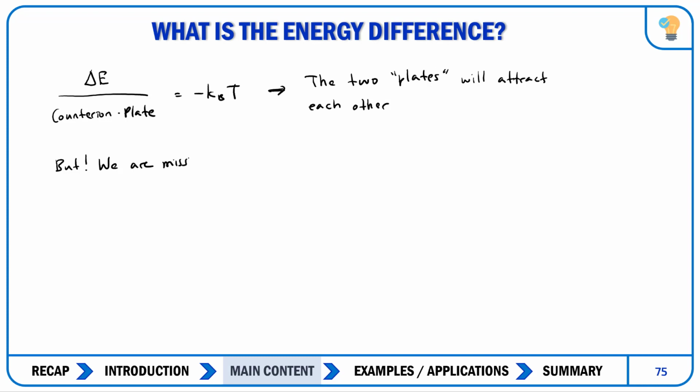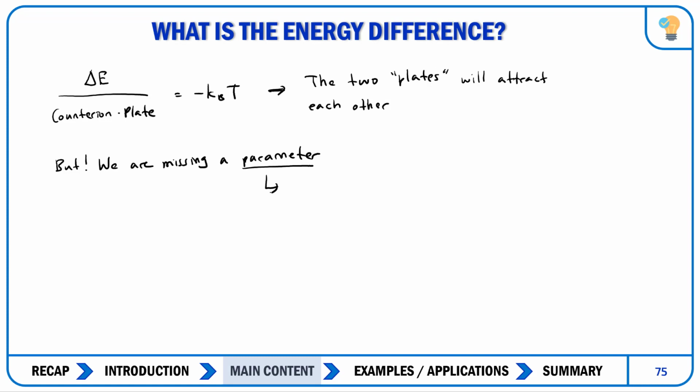But another thing we're missing is some sort of parameter. And if you think about it, we just took a look at the two cases where there's a great separation distance, which means no interaction, and at really close separation distances, where the separation distance is essentially zero, you have the release of counterions. So even though there's a release of counterions, we've taken a look at the energy involved with that, but we haven't really looked at the entropic effect of releasing these counterions.